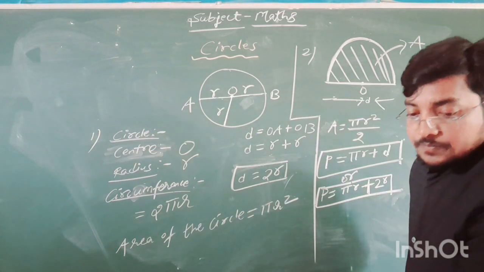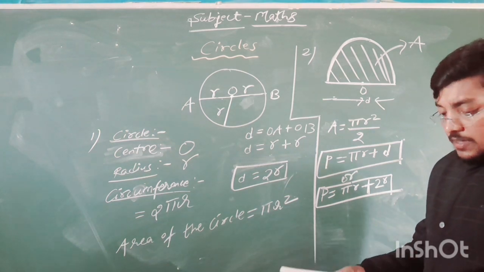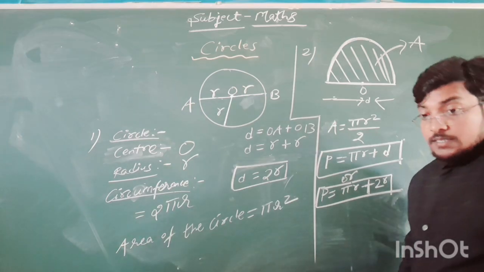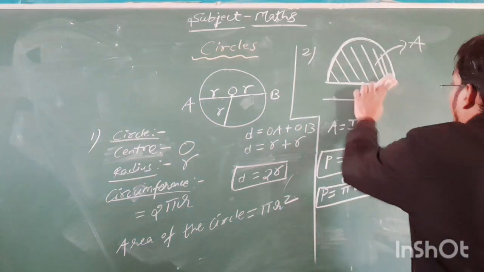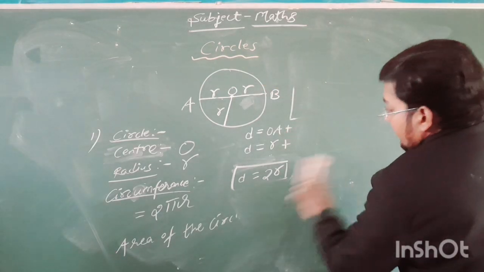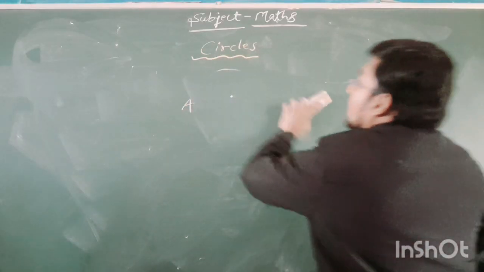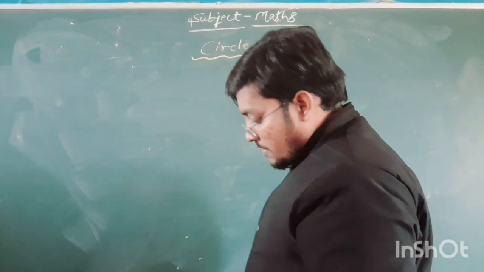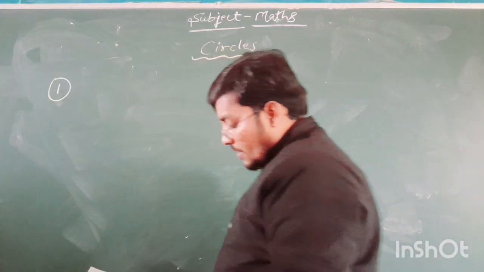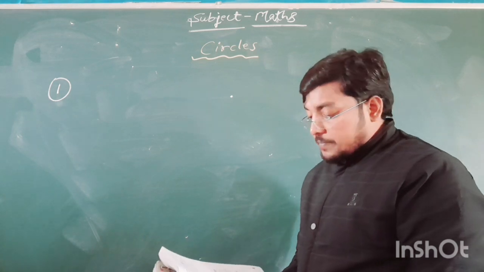Now we have a question on circle: find the circumference of a circle of radius 7 cm.